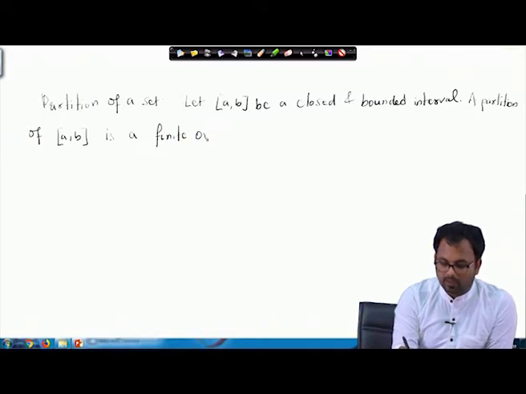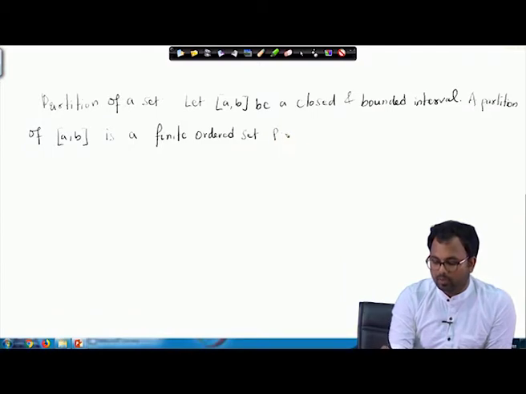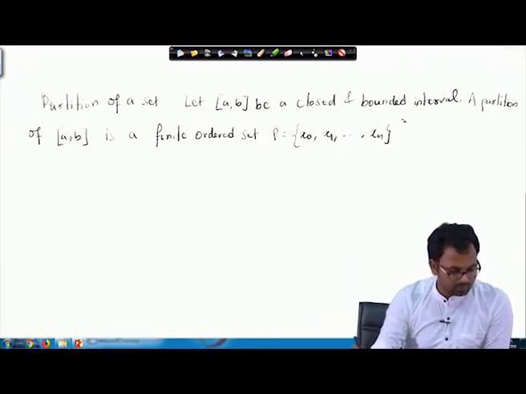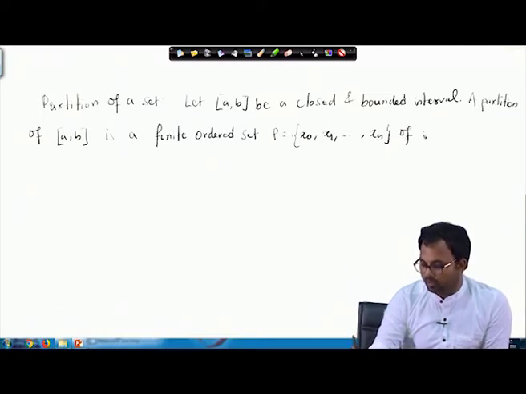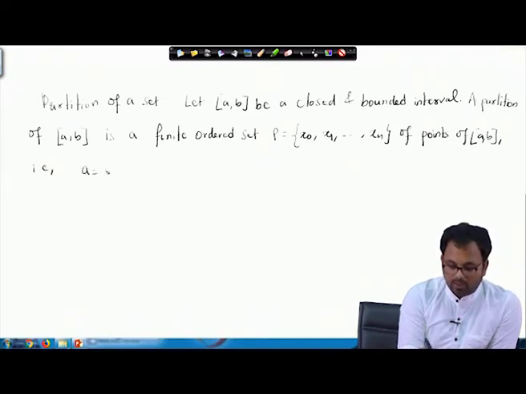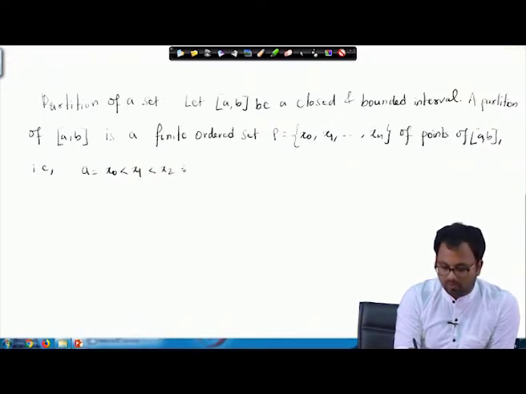P, which is defined as, let us say, x0, x1, x2 up to xn of points of [a, b], which means that a equals x0, x0 is less than x1, x1 is less than x2, and so on.